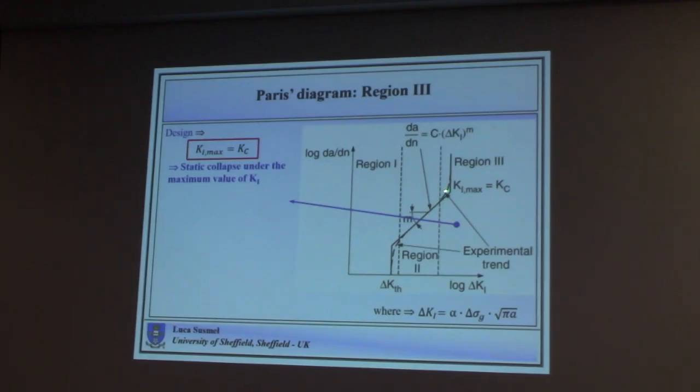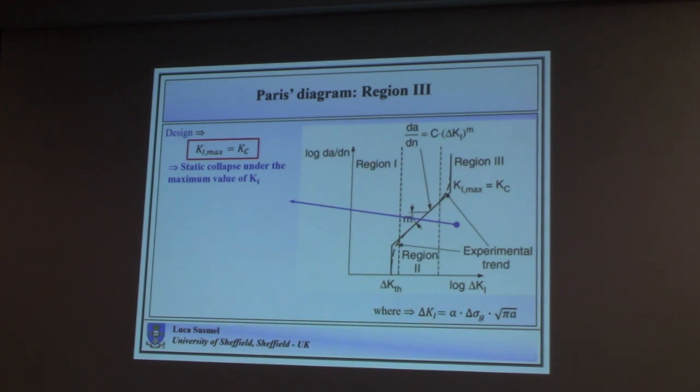At a certain point, K1 max, the maximum stress intensity factor value in the cycle, becomes equal to Kc. So basically what you have is a fast fracture under the maximum applied loading. This is the reason why here you have this vertical line. So basically this is the static assessment.